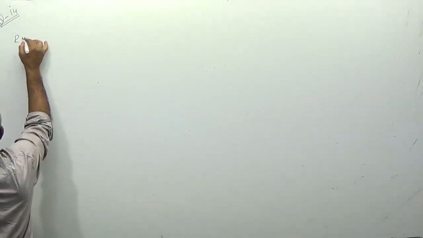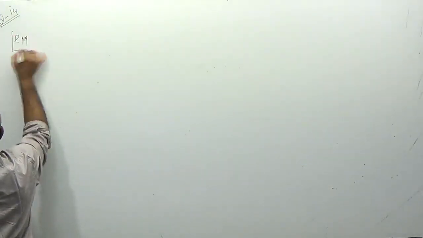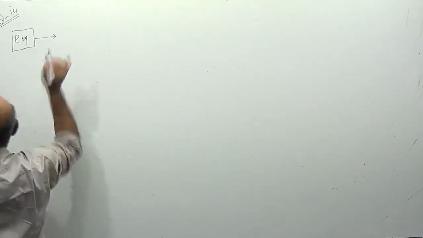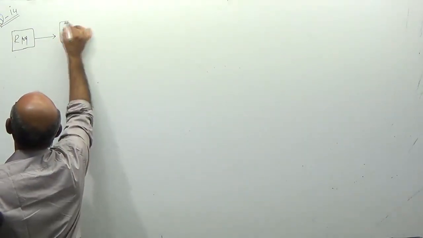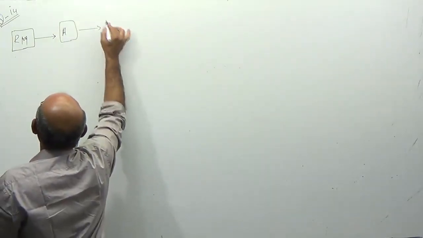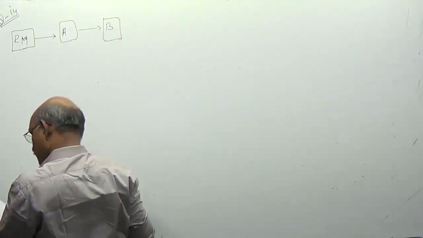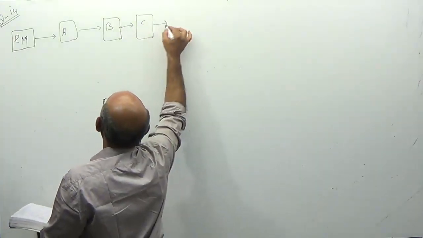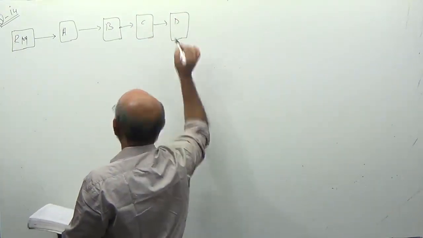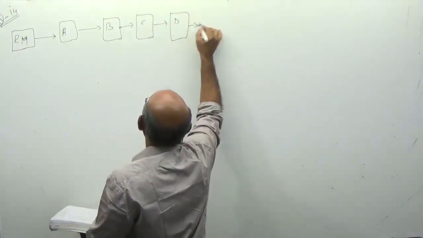What is given, sir? Raw material is given as input, work center A, work center B, work center C, work center D, and actual output.